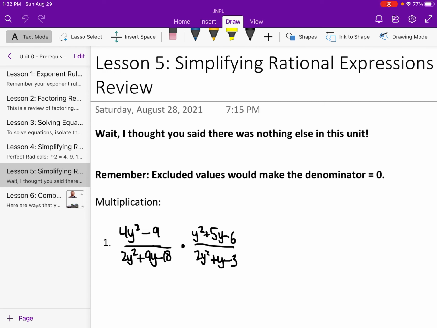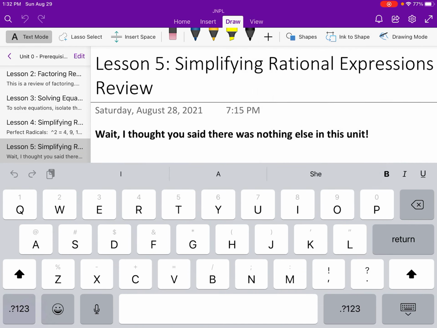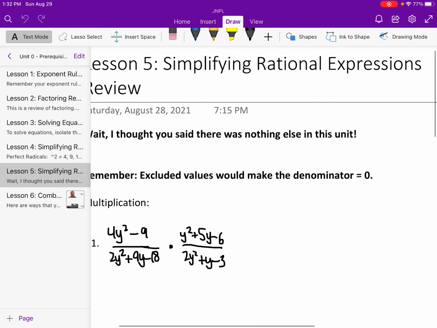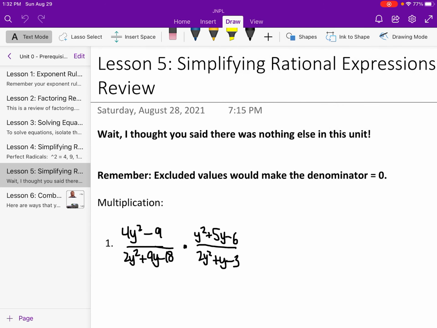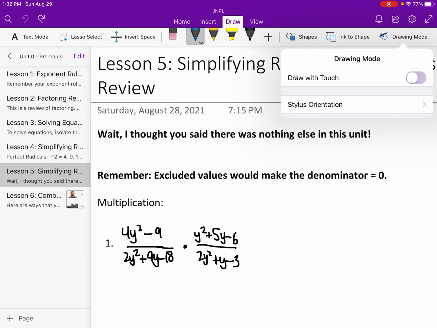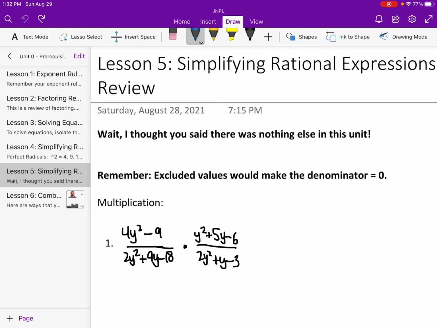If you see what it says, Saturday, and today is a Sunday when I'm making this. That's because of how I usually say things.